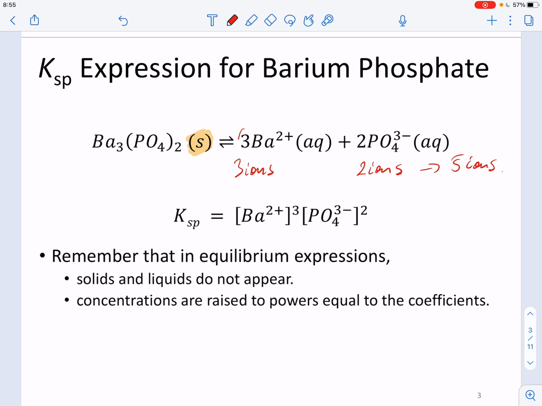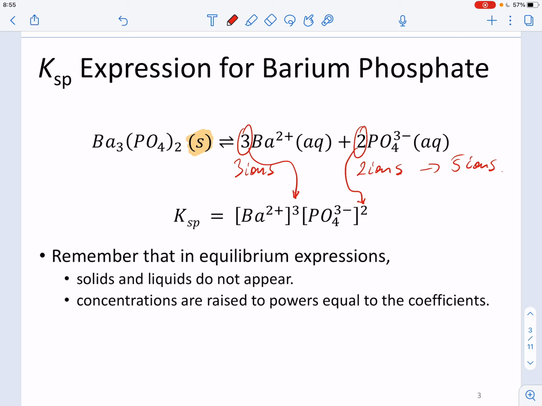But again, you have a stoichiometric coefficient for each one of those ions. When you consider the concentration of those ions, then you use the stoichiometric coefficient for barium 2 plus there, which is 3, and for phosphate here, which is 2.